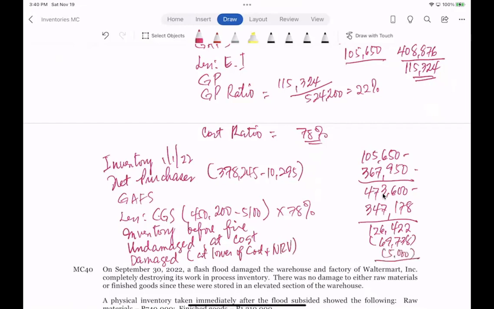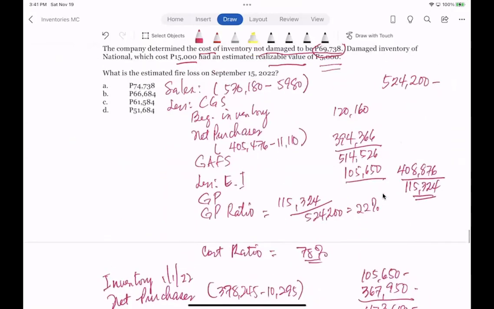That means that the 10,000 will be absorbed and considered as additional loss. So 126,422 minus 69,738 minus 5,000. The inventory destroyed by fire is 51,684. So this is the inventory loss, 51,684.